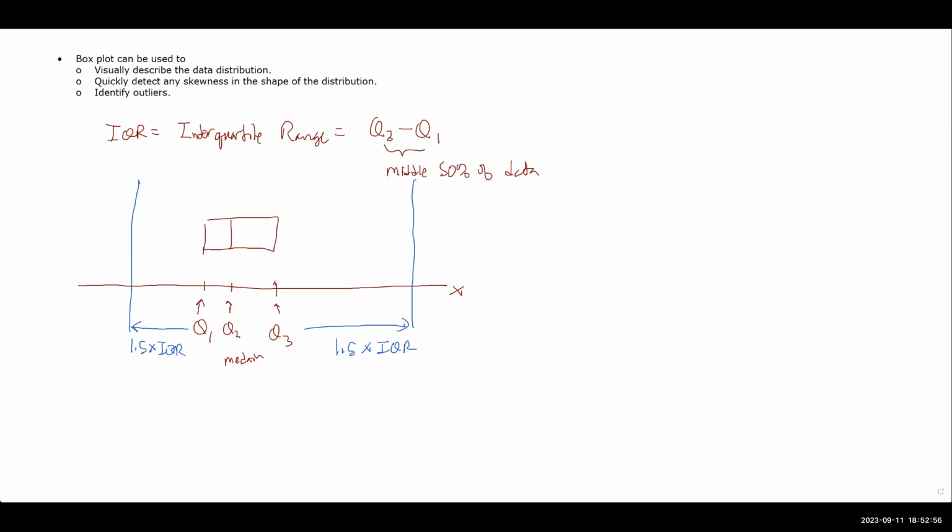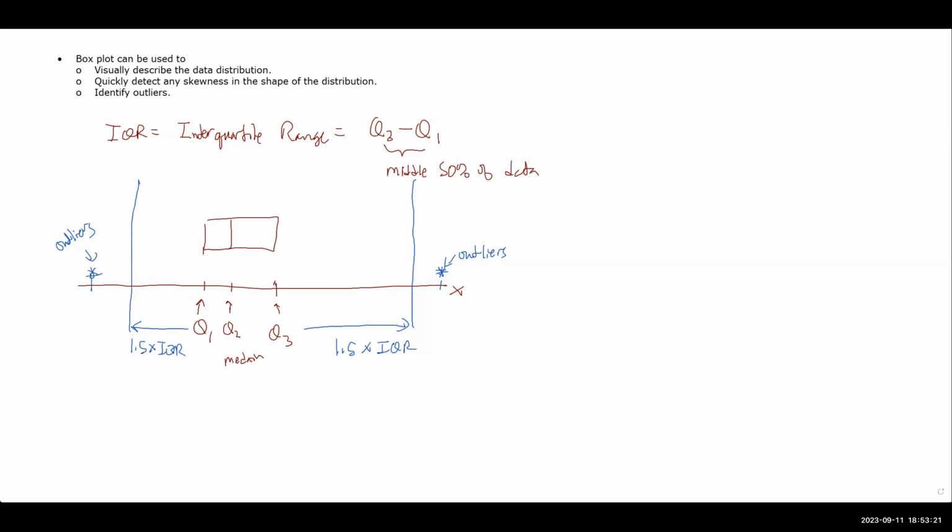Then we look at the data, and we plot all of the data. If you have a data point right here and another right here outside the walls, we mark them with an asterisk and call these outliers. We kill them off from the data.